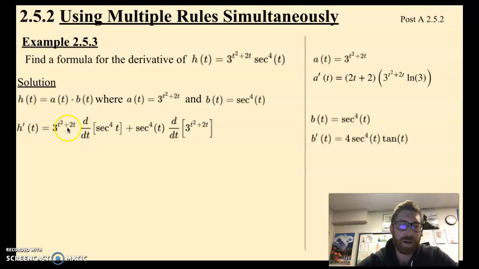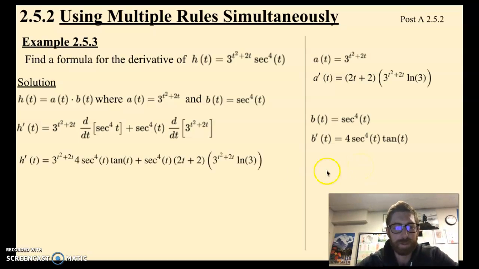If you try to do this all in one step, it's going to be a lot of thinking, right? You're going to have to say, okay, you have to do the chain rule here. If you do it like this, everything's so nicely organized for you. It's really going to help you a lot. So then we can substitute in a prime and b prime. Oh, and it's not an attractive answer.